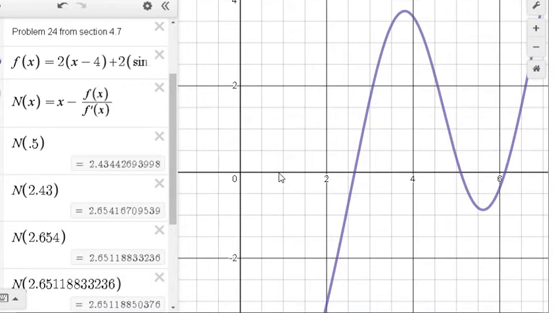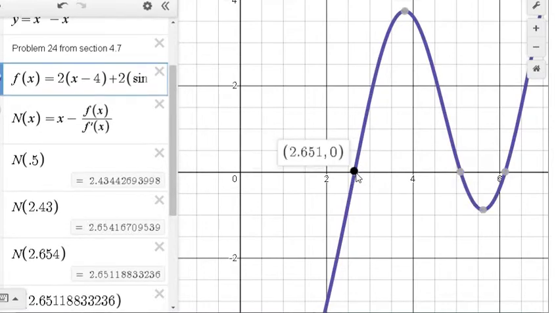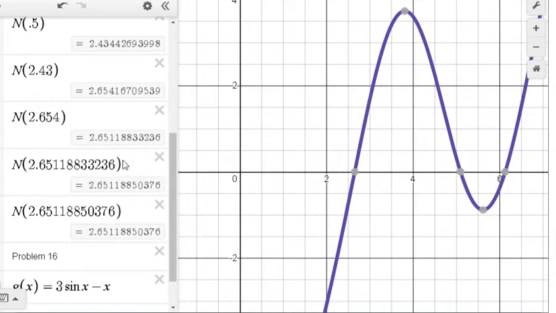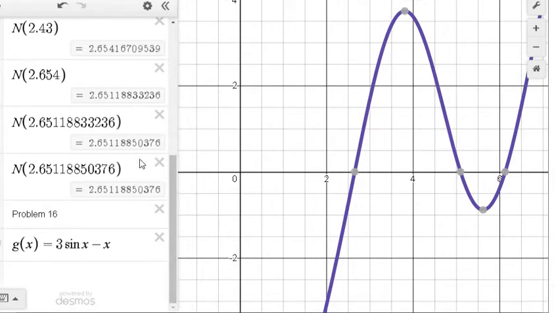Now, that's a really crappy guess as to where this graph crosses the x-axis, isn't it? Not very good at all. But I plugged it into Newton's method, and what did I get? I got 2.43. So I take 2.43 and plug it back into Newton's method, and I get 2.65. So I plug that in, 2.654, into Newton's method, and I get this. And guess what? After a couple iterations, even with a crappy guess, I still get all the digits that I could care for.